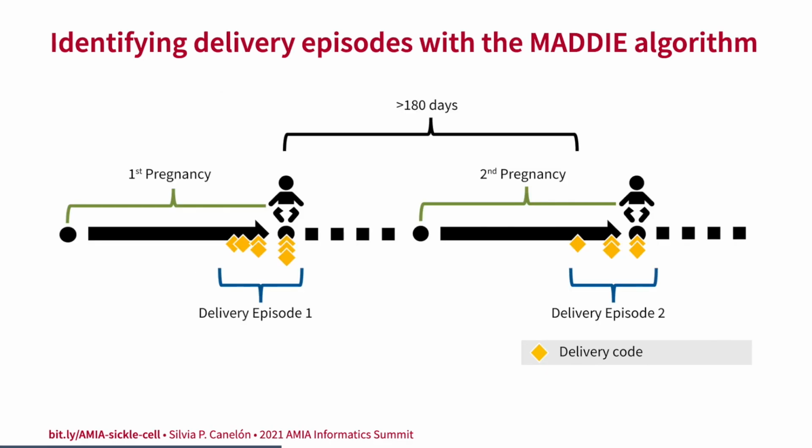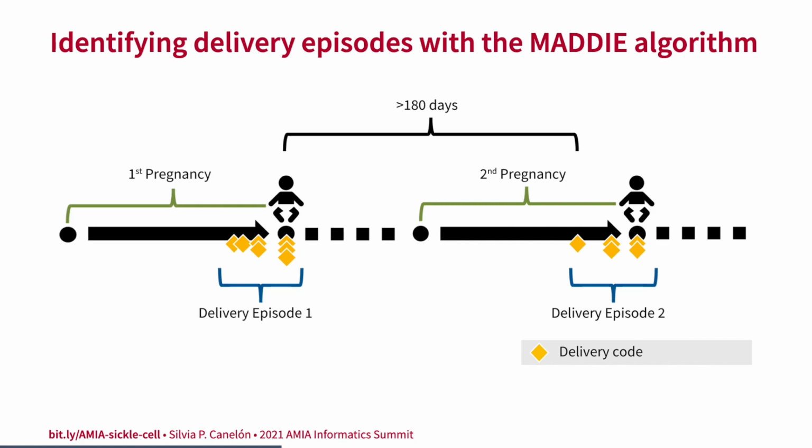So identifying the distinct delivery episodes with the MADI algorithm involved looking at one patient's timeline. This slide shows a diagram of what that timeline could look like, where there's one delivery on the left-hand side of the diagram and a separate second delivery happening on the right-hand side. What the algorithm does is it uses delivery billing codes and identifies when they're occurring within a patient's timeline, and then separates one delivery from another, thereby inferring when each delivery took place.